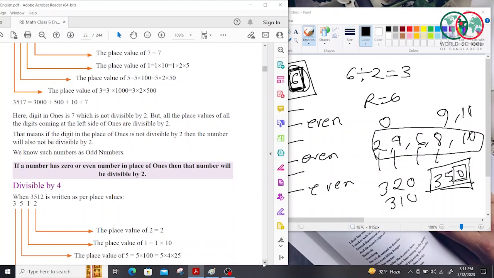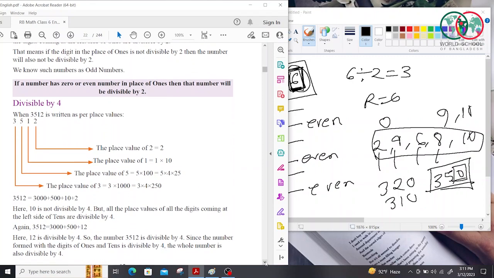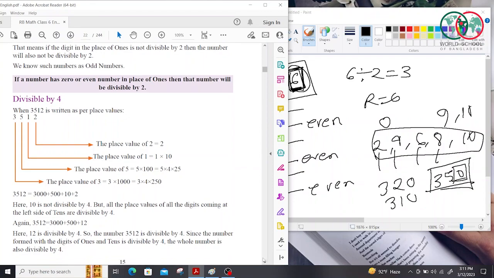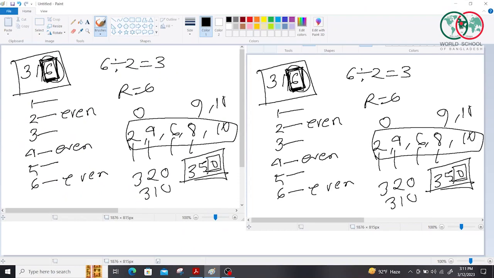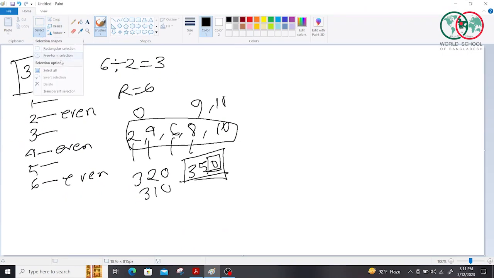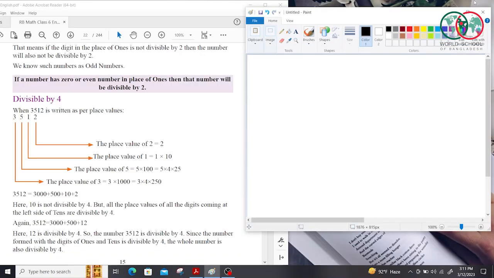Okay, now divisible by 4. Here the number is 3512. So again we are trying to find the place value. We have found the place value.